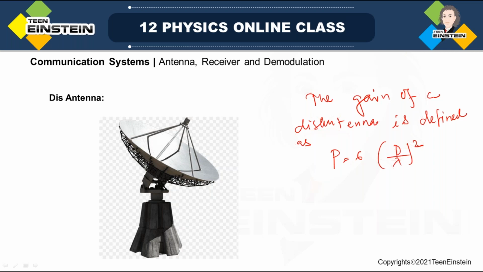It can be used in satellite communication and in radar, like in aeroplane communication. A microwave signal from a satellite is received by a cable operator through a dish antenna as well.